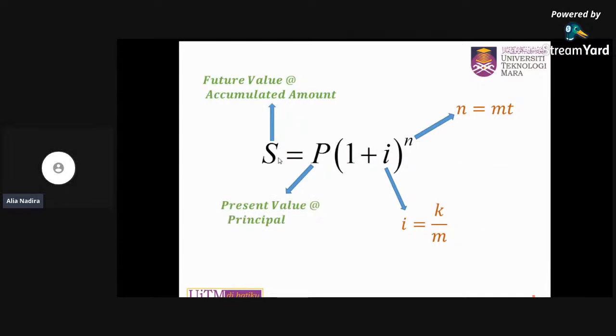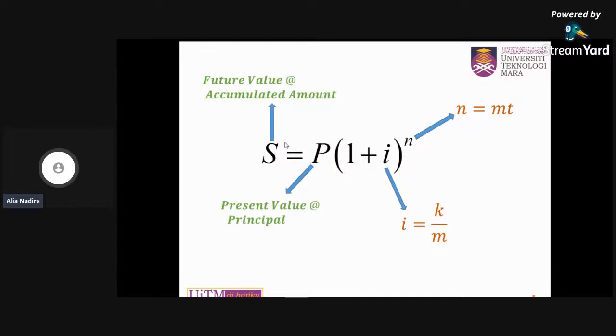So we have S, okay, S is future value or accumulated amount. We have P, P is present value or principal. And then we have 1 plus I to the power of N. Okay, so S and P, just like you dah belajar dalam simple interest lah, future value or accumulated amount.